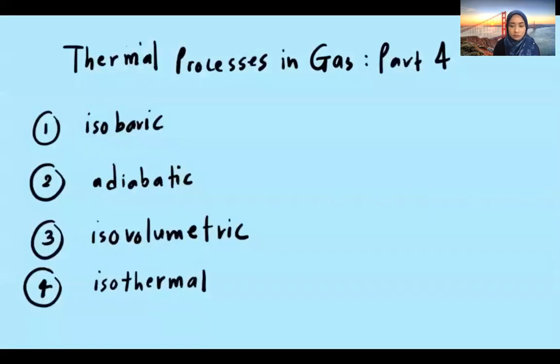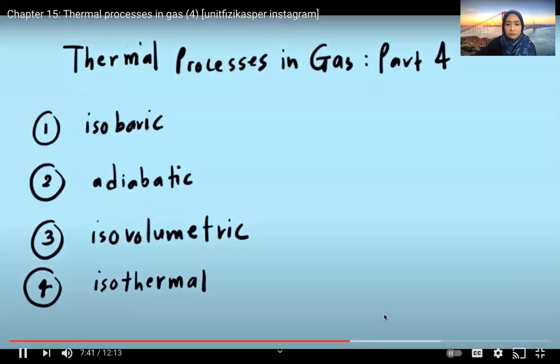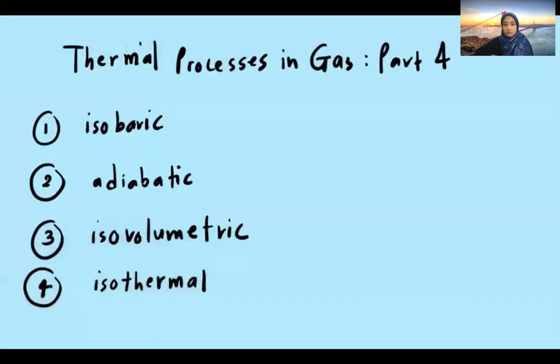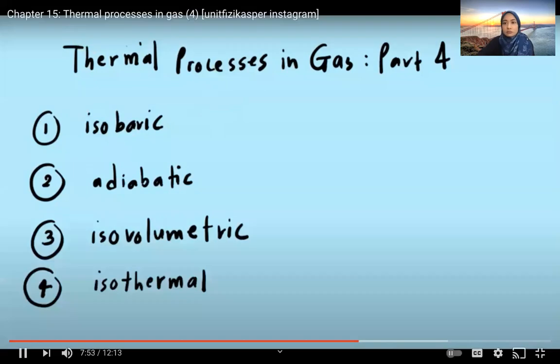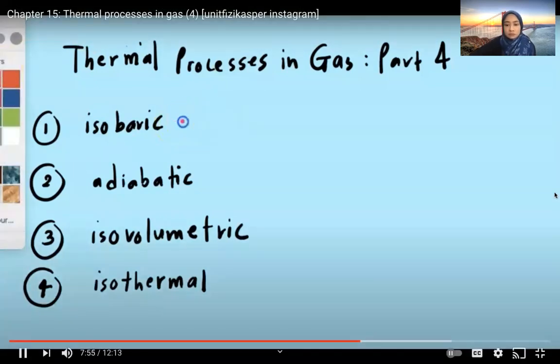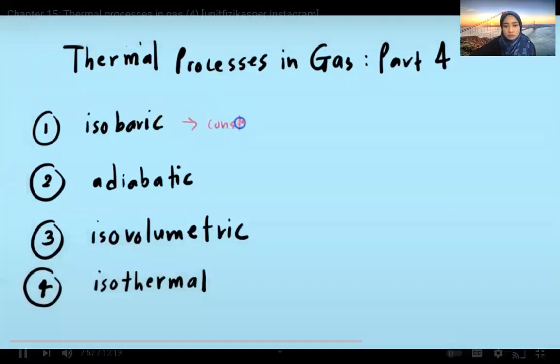The one that we talked about just now, where we assumed the pressure to be constant, is called isobaric. And there are three other thermal processes in gas, which are adiabatic, isovolumetric, and isothermal. Isobaric, as I already told you, means constant pressure.